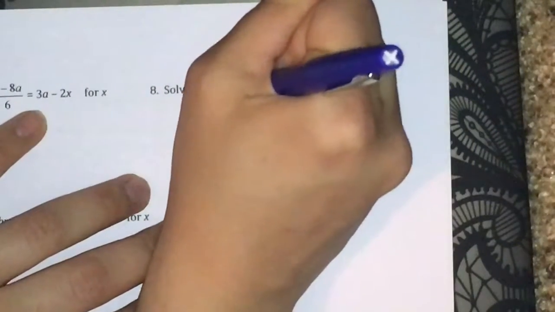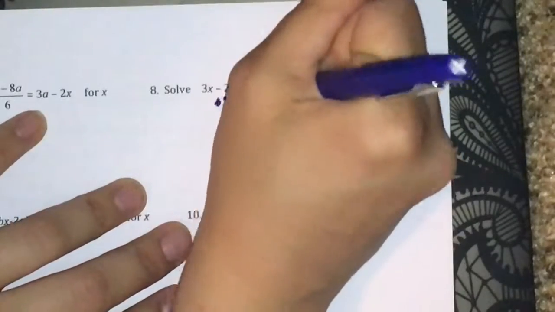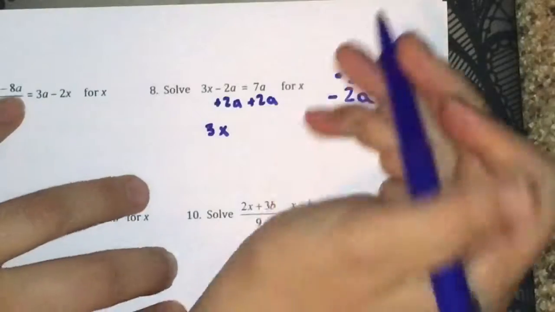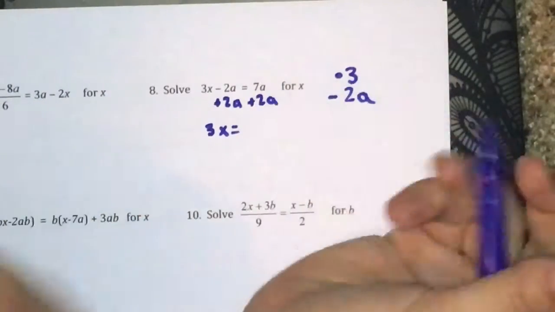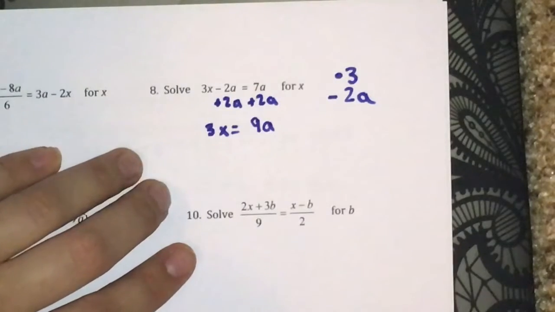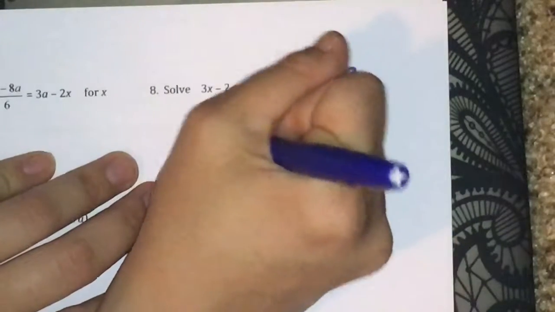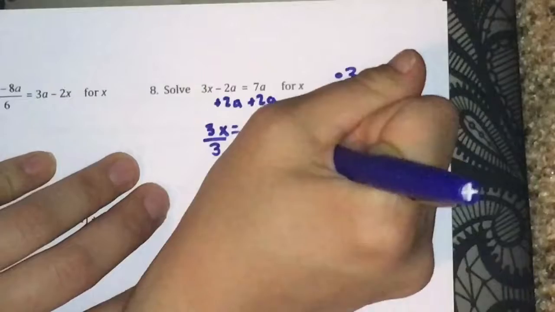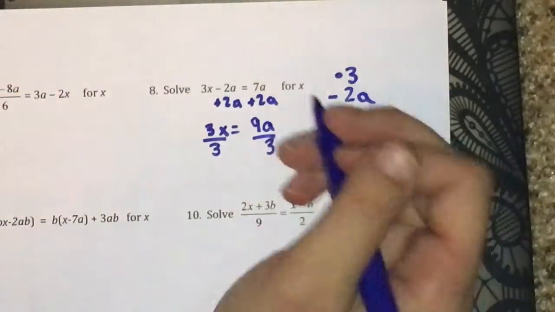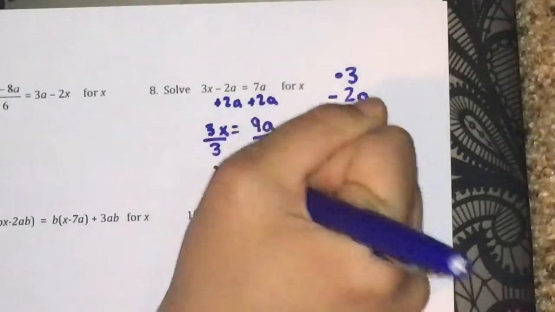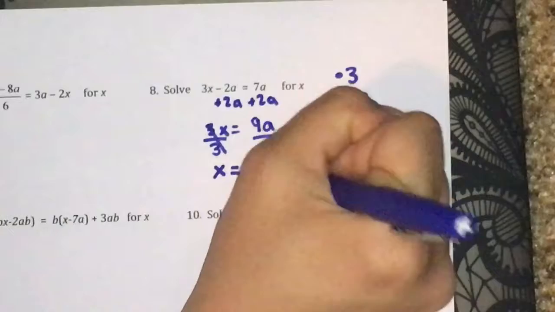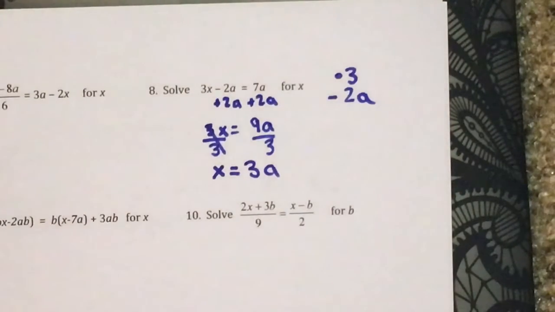We are going to add 2a, where we get 3x, and actually, this has not happened yet, but we can actually combine the 7a and the 2a to get 9a. Then, from here, we're going to divide by 3, because it's being multiplied by 3, so we need to do the inverse operation here. And we get x is equal to 9 divided by 3, which is 3a.